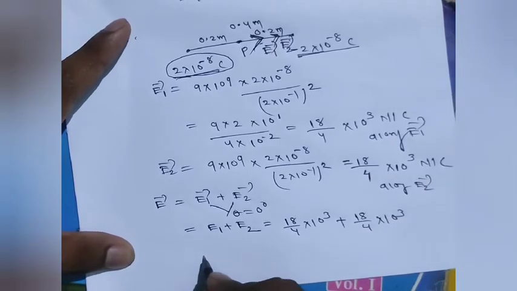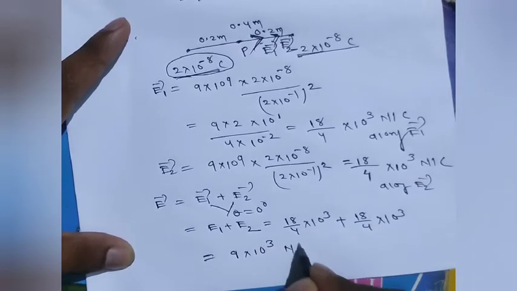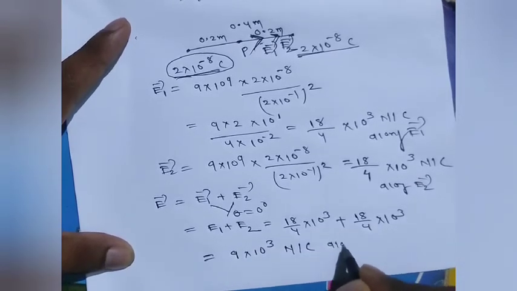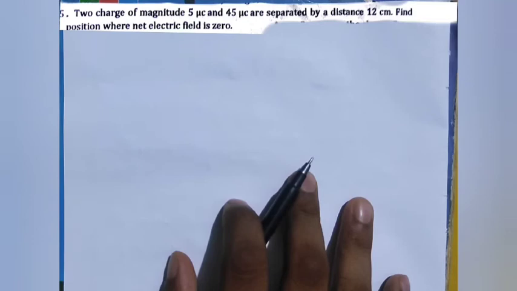So it will be simply 9 into 10 to the power 3 Newton per Coulomb, and it will be directed along E2.